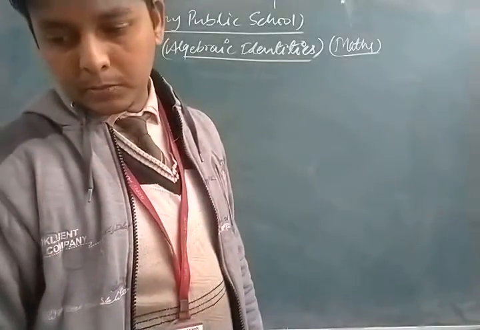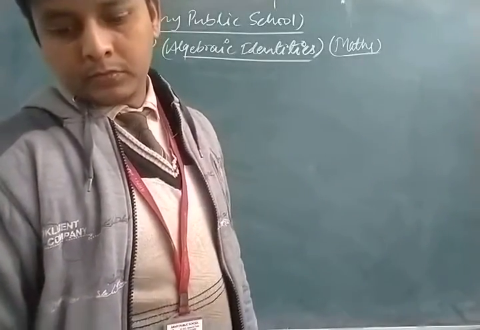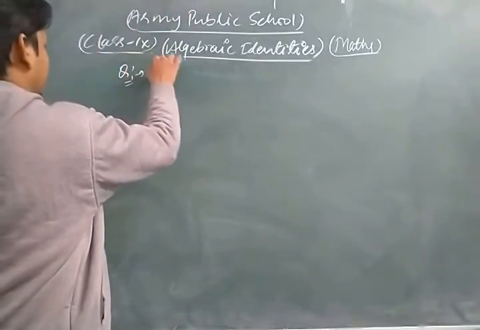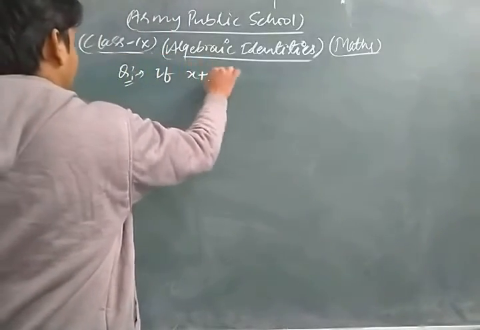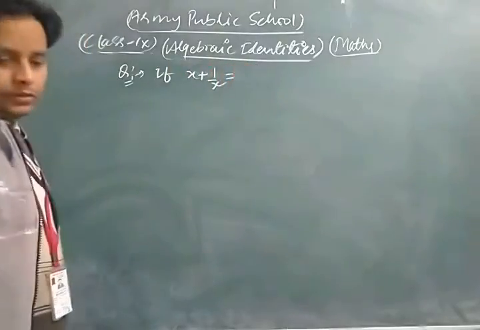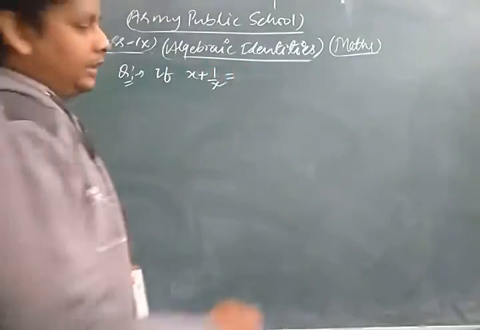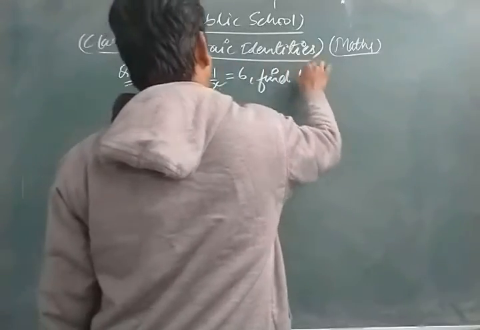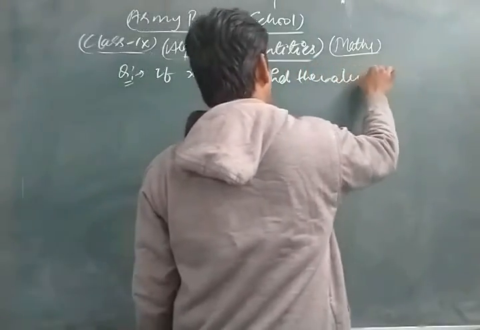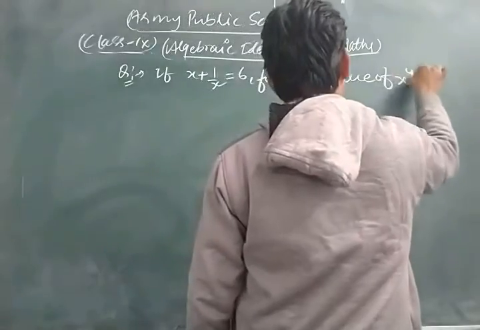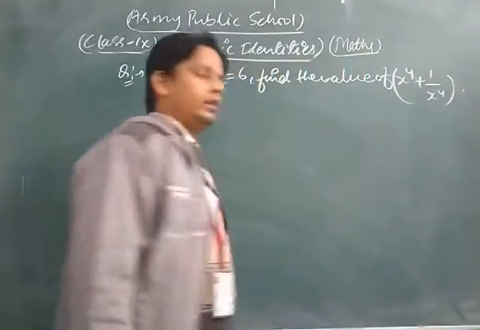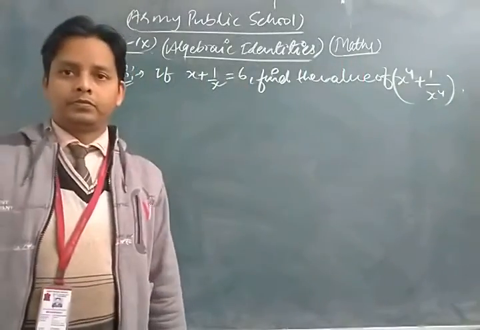Now look, take some important question. If x plus 1 upon x is equal to 6, find the value of x to the power 4 plus 1 upon x to the power 4.